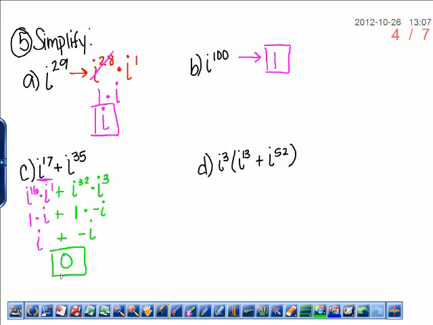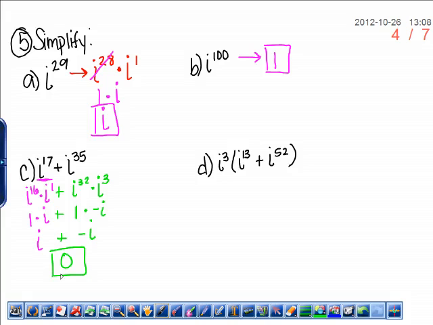Okay, let's look at D. i cubed times i to the 13th plus i to the 52nd. You can go ahead and simplify the inside and then multiply by i cubed. To me, though, that means I might have to simplify 2 separate times, and that's annoying to me.